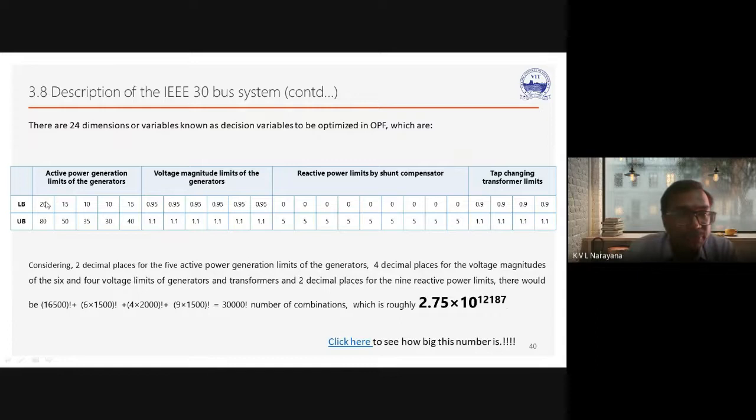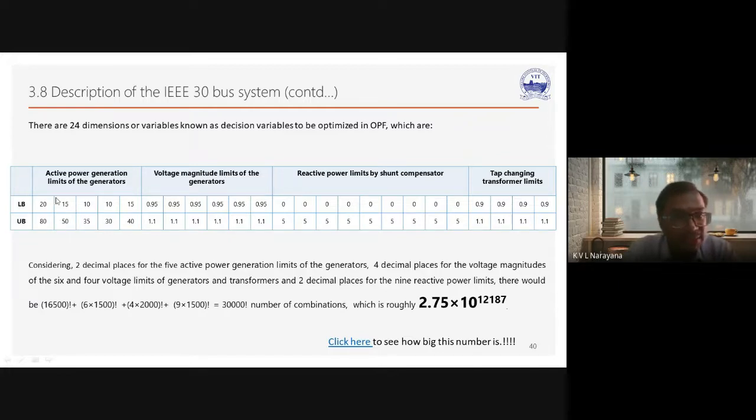The first 5 variables are related to the active power generation limits of the generators. There are 5 generators, and one is the reference generator whose power is known to us. For example, the first generator, which is connected at the second node of the IEEE 30 bus, must generate power between 20 and 80 megawatts based on the load. The second generator is supposed to produce between 15 and 50 megawatts.